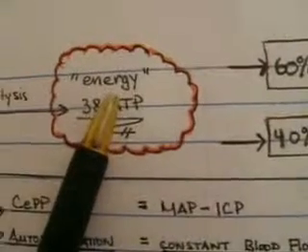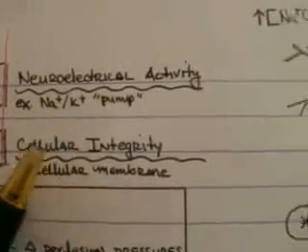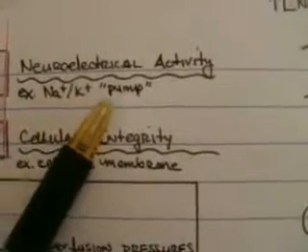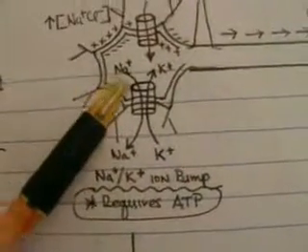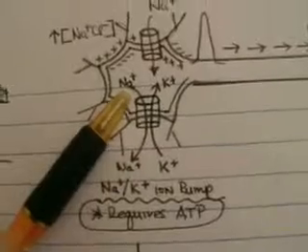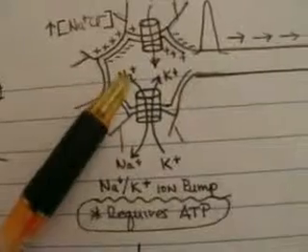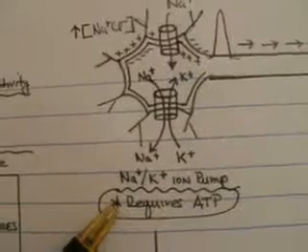That energy is used for the neuroelectrical activity and maintaining cellular integrity. And for that neuroelectrical activity we can focus on the sodium-potassium pumps. Out of that ATP, it's used to pump the sodium against its concentration gradient, since there's a higher concentration of sodium outside the cell, and in order to pump that sodium out, it requires energy, and that energy is ATP.